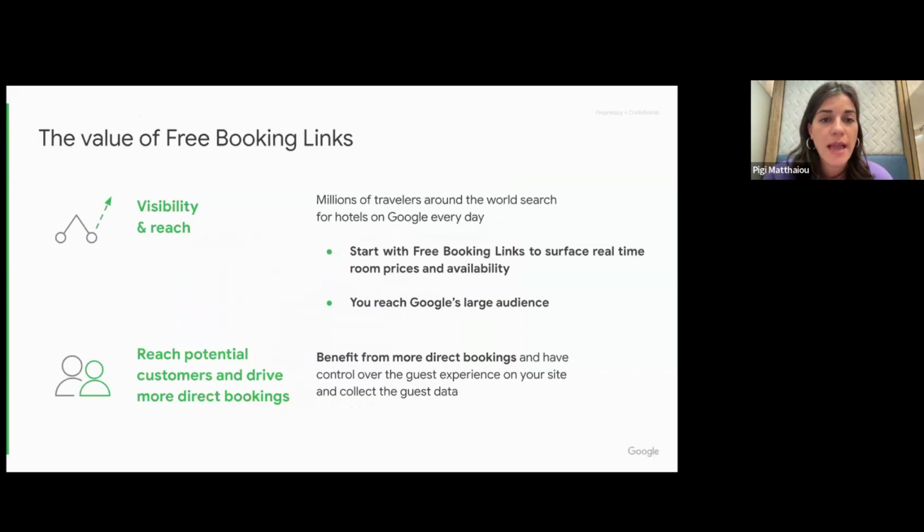Firstly, you can expand your visibility and reach: you can get to more surfaces on Google in real time, which means you can reach Google's large audience. And then you can, of course, benefit from the direct bookings and have control over the guest experience.